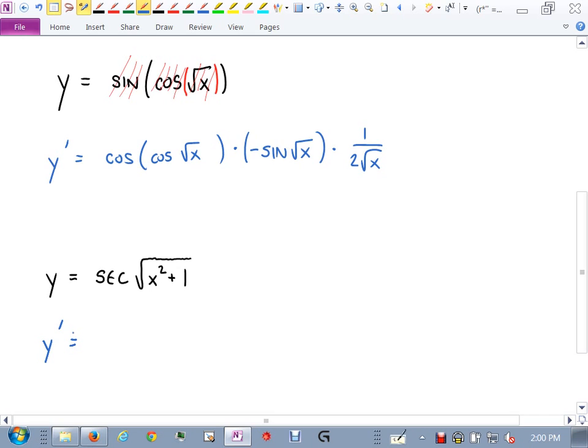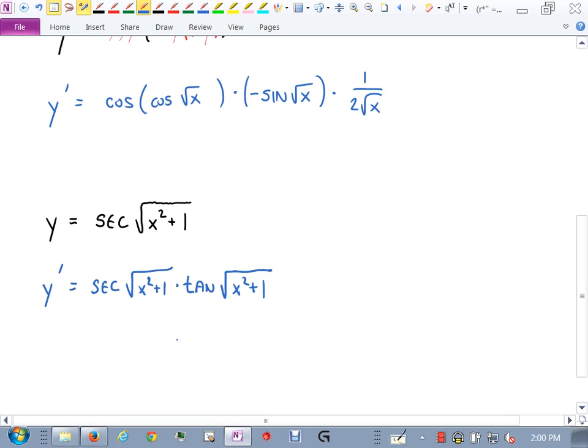It's going to be weird. It's secant folder tangent folder, and that's multiplication between those. That's just the derivative of secant of something. A lot of times students will write just secant x tangent x. I don't know why it happens, but it does.